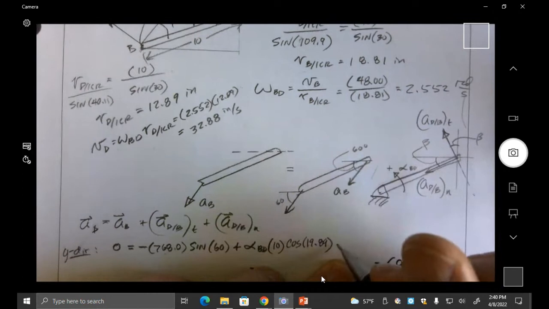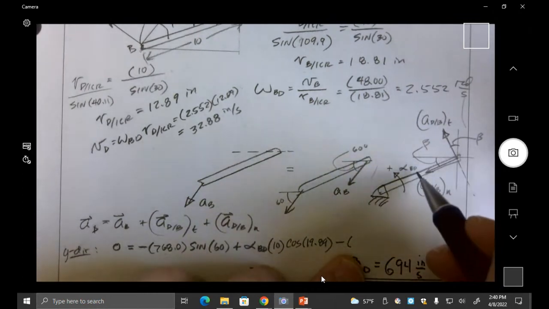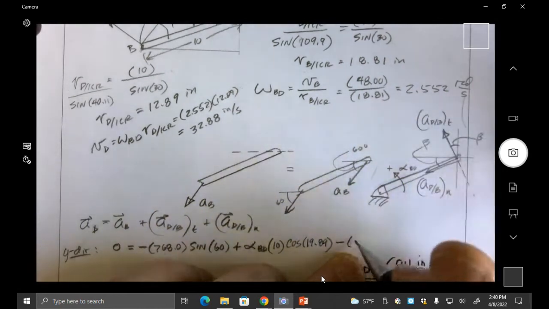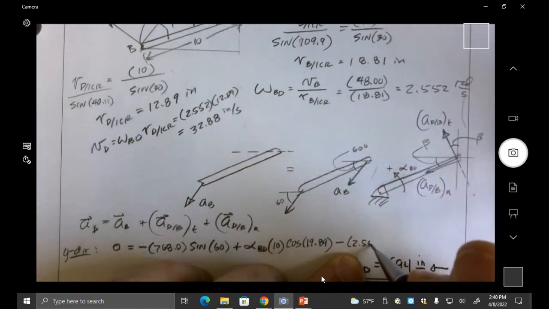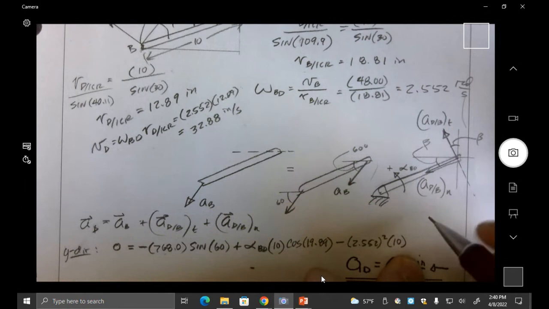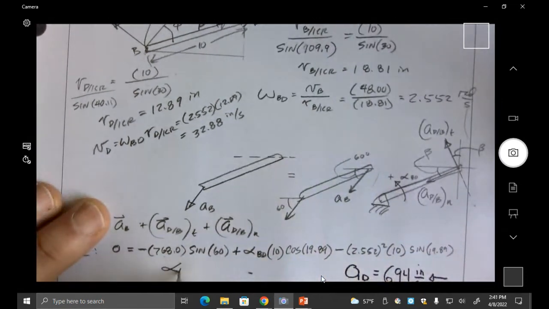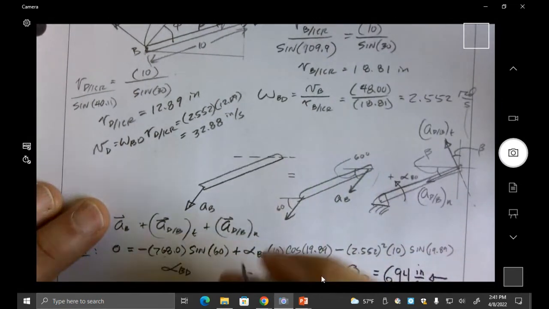And then minus omega BD squared, and omega BD was 2.552, squared times 10, times the sine of 19.89. And that should get me the alpha BD.